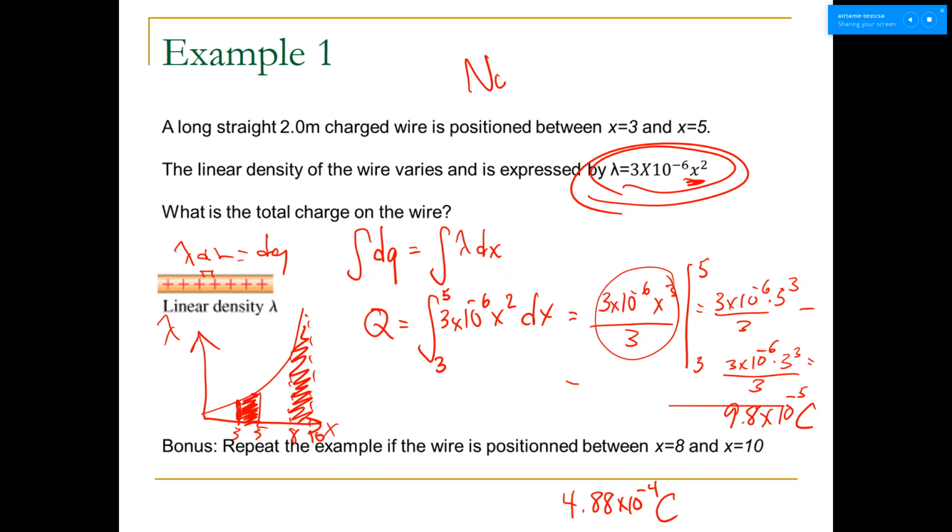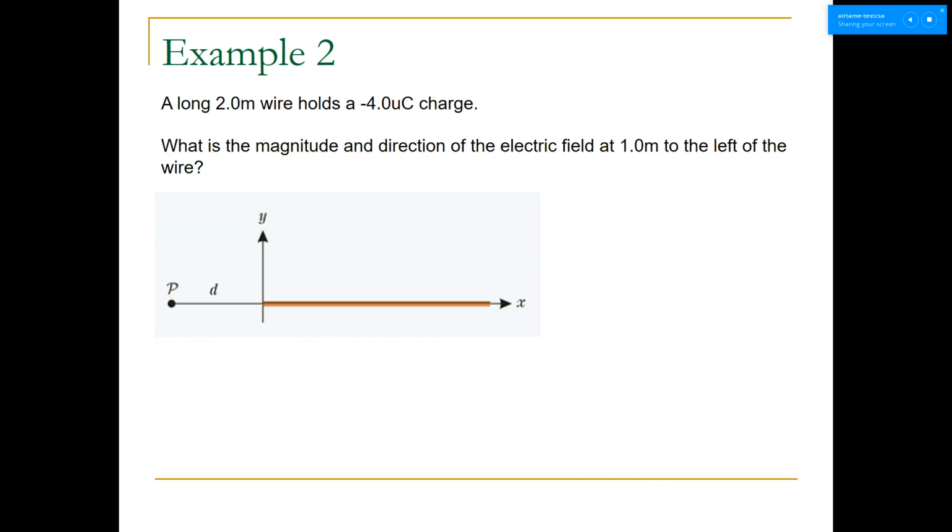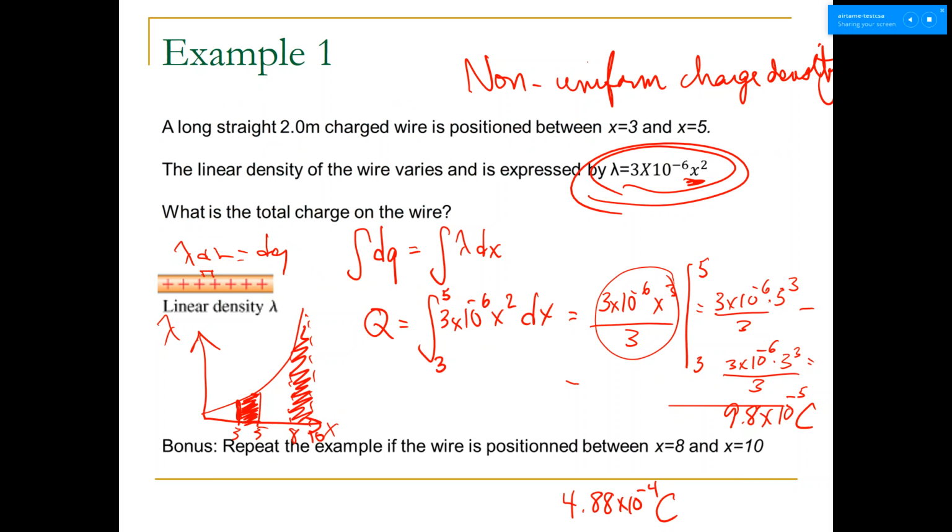If you want, write down this is a non-uniform charge density. Not time as a function of distance. Did I say time? Okay, I meant distance. Sorry, because in mechanics you're always talking about time.